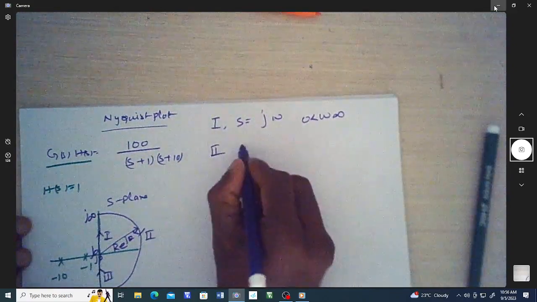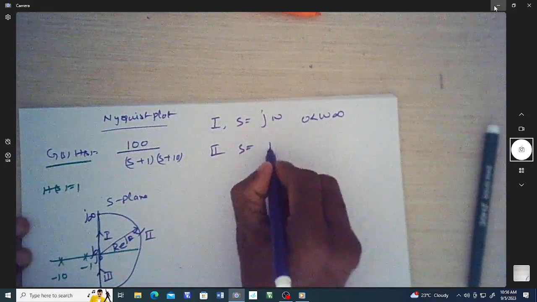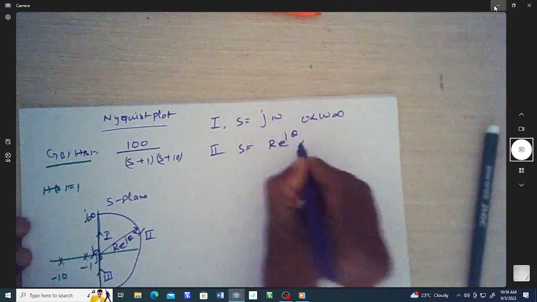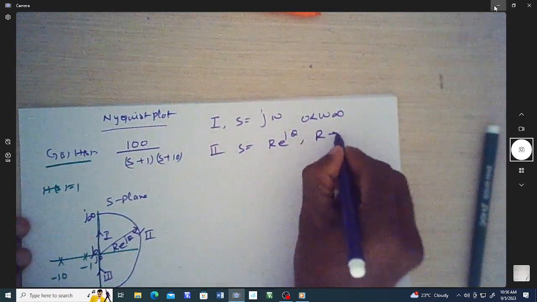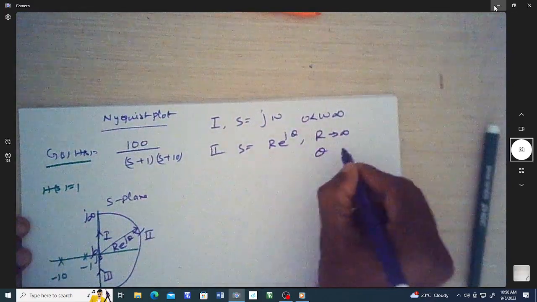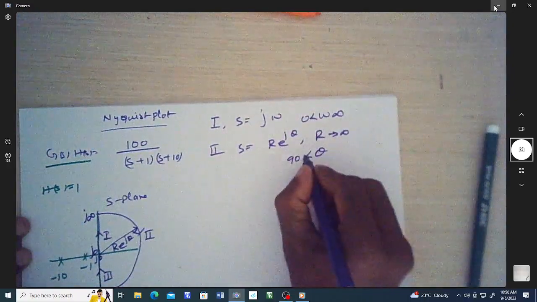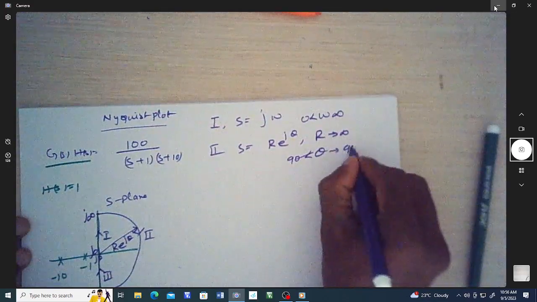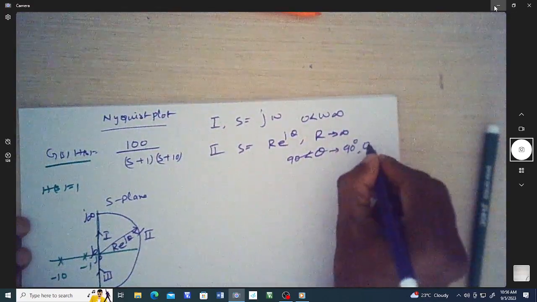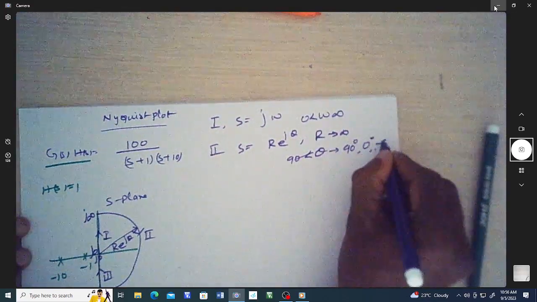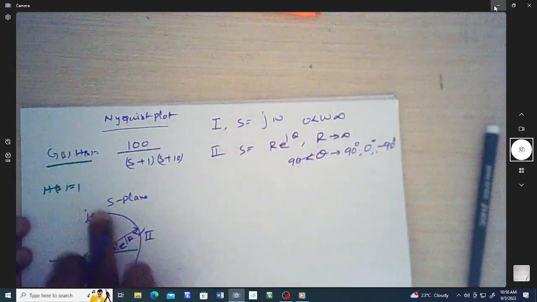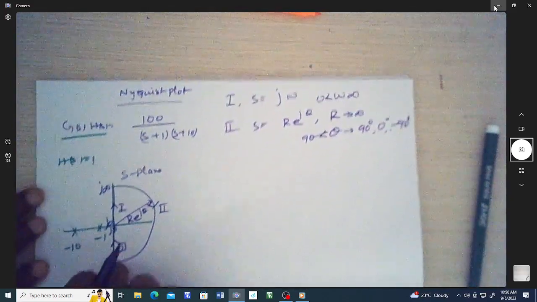In the second segment, s is replaced by r e power j theta, where r is tending to infinity, whereas theta is varying from 90 degree, through 0 degree, up to minus 90 degree. This is 90 degree, 0 and minus 90 degree.